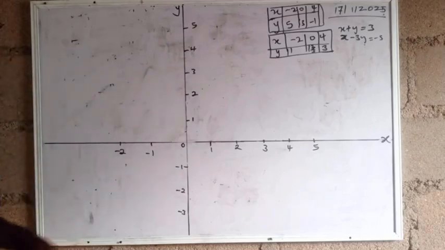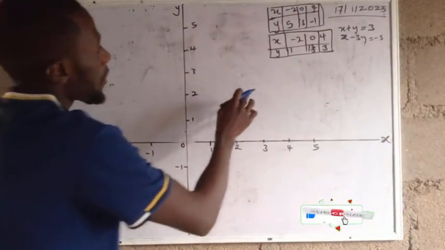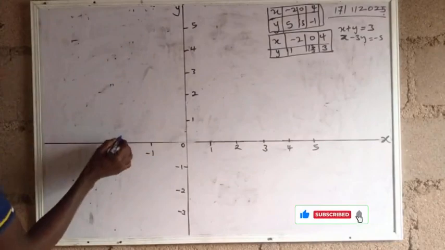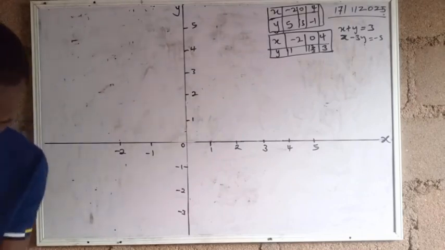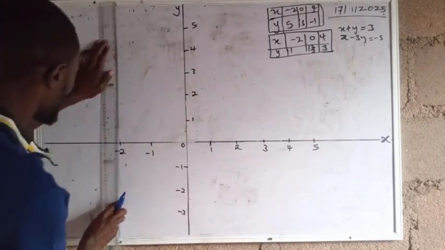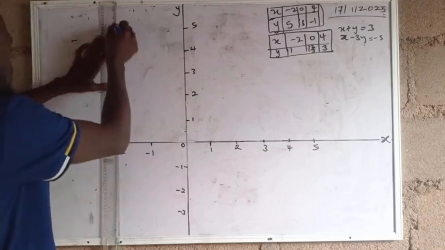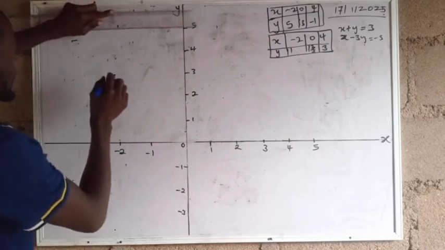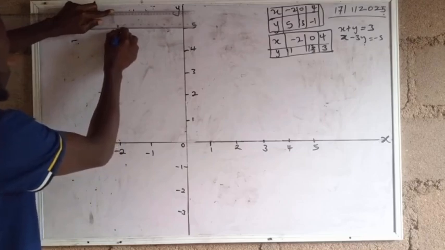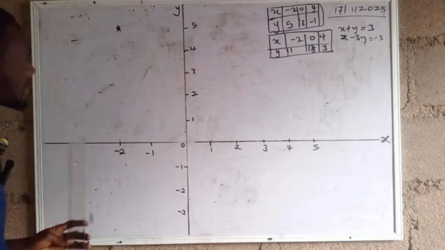Okay, then we're going to have our x here is -2, our y is 5. Since we don't have graph paper, we're going to do it roughly. If x is -2, y is 5, somewhere here. That is, our graph is somewhere at this point.